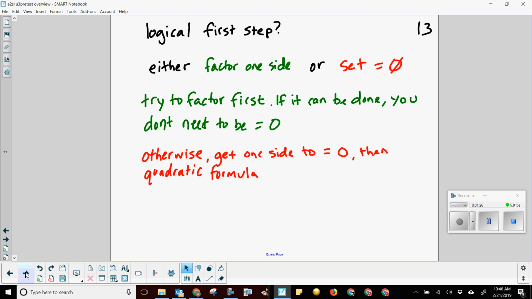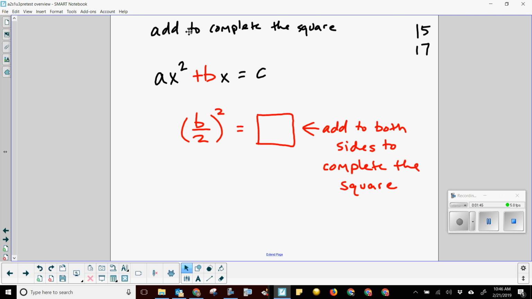So basically, if the first side can be factored, then that's your first step. Otherwise, you'll want to subtract or add whatever's on this side of this equal sign to the other side so you can get it equal to 0.